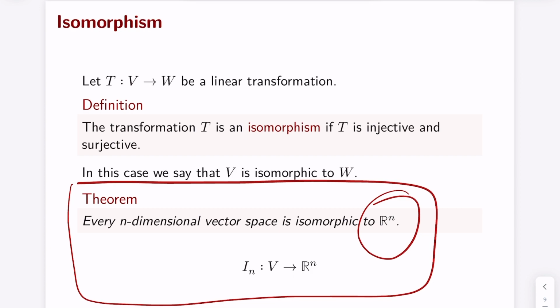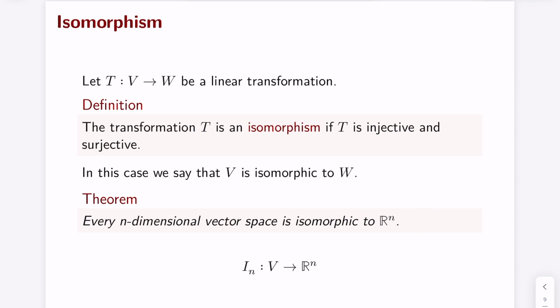So this isomorphism here, let's call it In, is an isomorphism from any vector space of dimension n to Rn. This isomorphism describes the same structure that the space of dimension n has, like Rn.